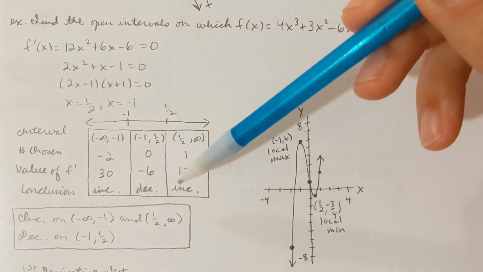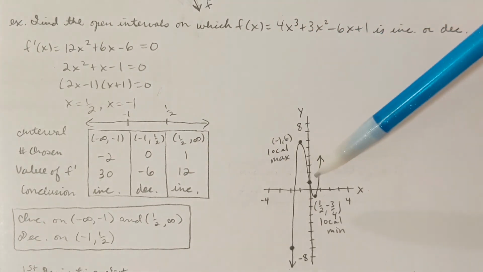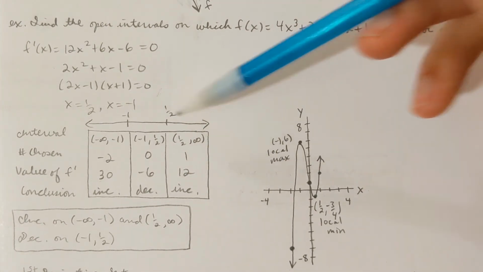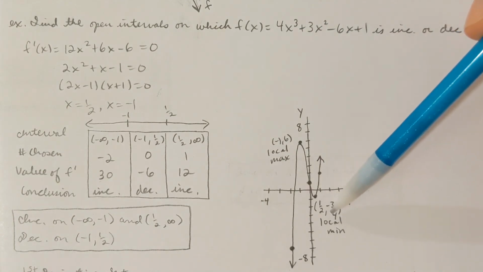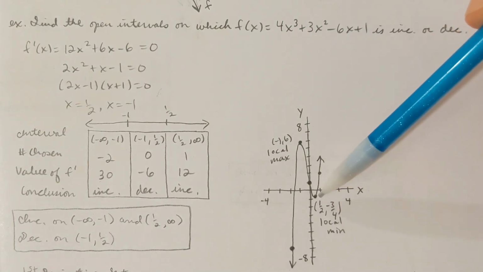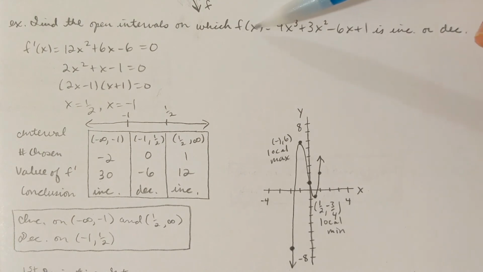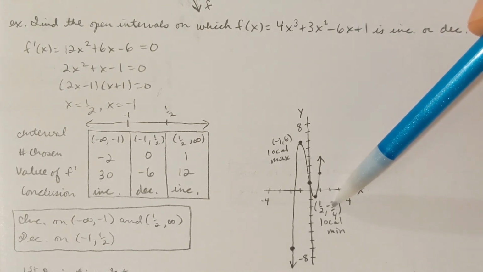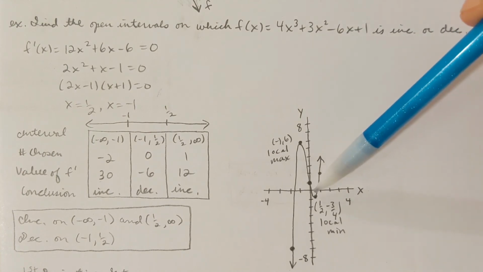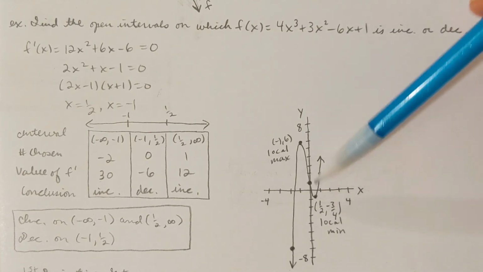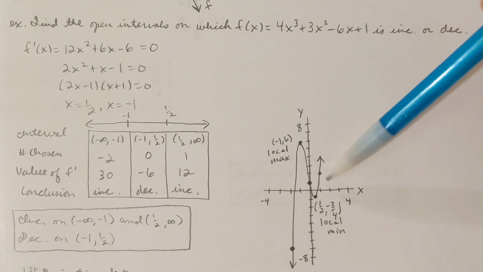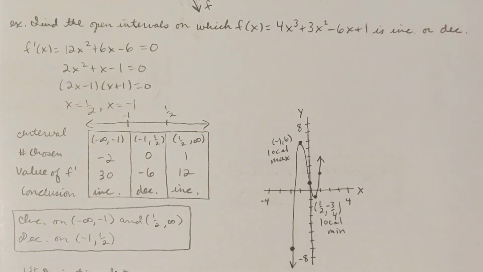Now, if I'm decreasing and then increasing at x equals 1/2, that'll mean that I'll produce a local min at that spot. When x is 1/2 and you plug that into the function, you should be getting negative 3/4. That's what I was getting. So this point here, 1/2, negative 3/4, would be a local min on the graph.